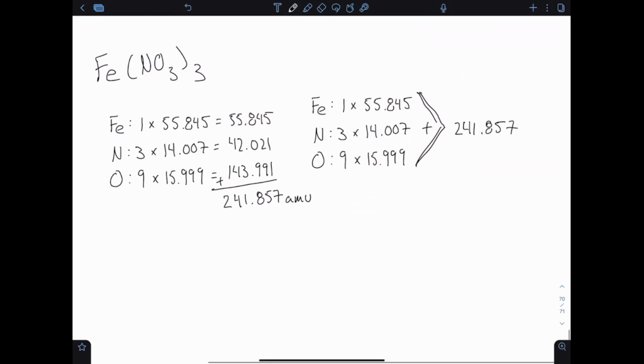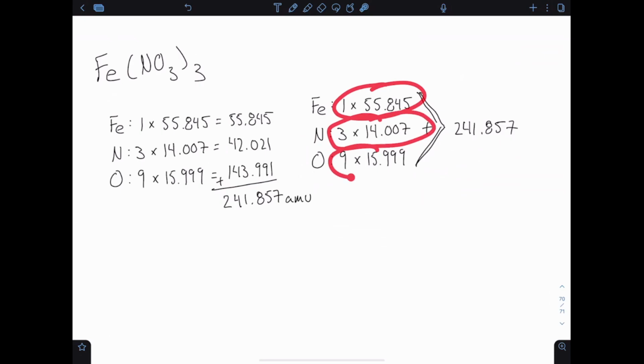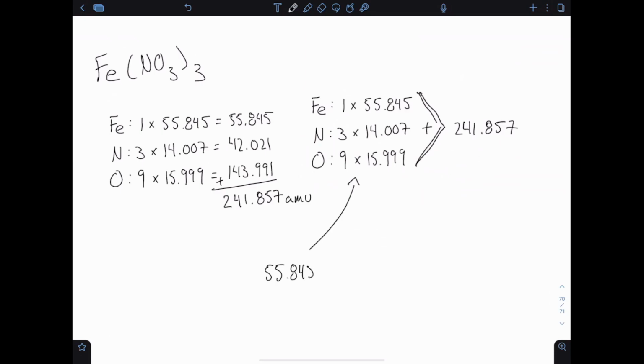The other trick I want to show you is that you can plug all of this straight into your calculator. You don't have to do each multiplication step first and then the addition steps. Your calculator will follow that order of operations. So you could type in 55.845 plus 3 times 14.007 plus 9 times 15.999. And when you hit enter, it'll give you this.